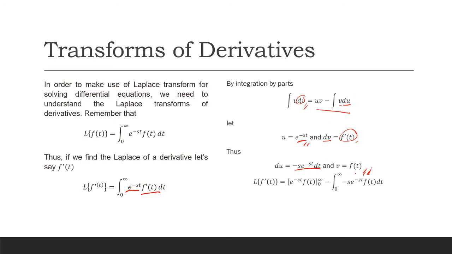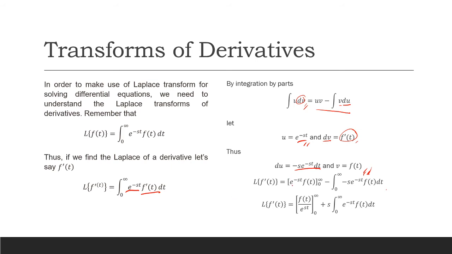V natin is f of t, and du natin is negative s e raised to negative st dt. Of course, from 0 to infinity pa din siya.